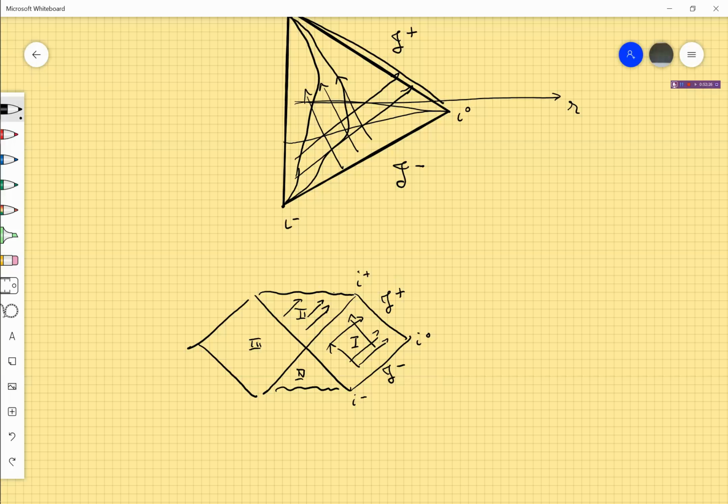Another important thing is that you only call this a horizon after you see this Penrose diagram and you have found the complete structure of the space-time. The horizon, something that we will discuss in the next lecture, is a global notion. It's not a local notion. This implies that we need to know the whole history of the space-time.